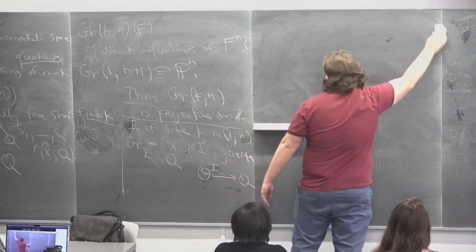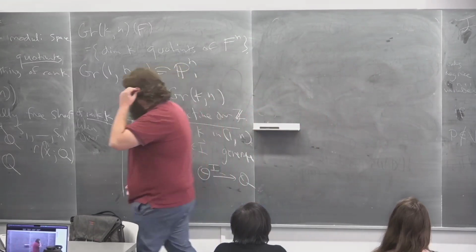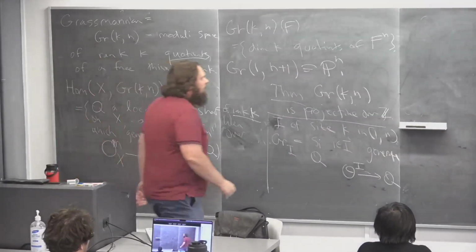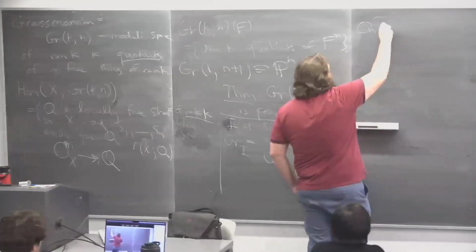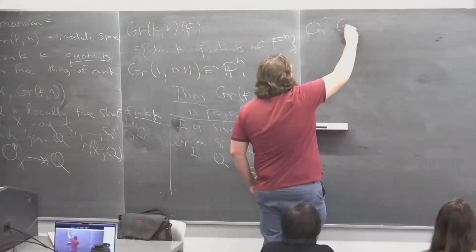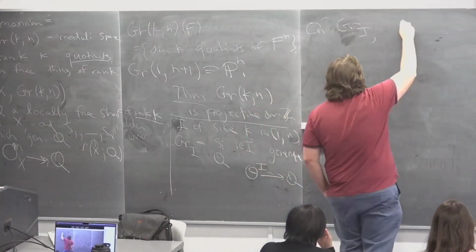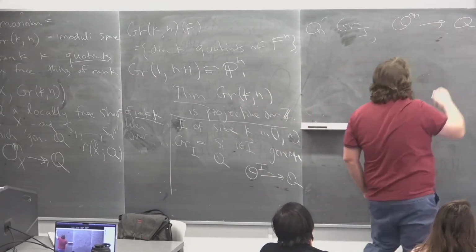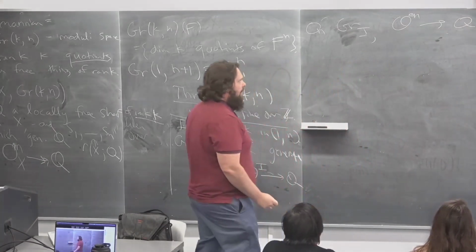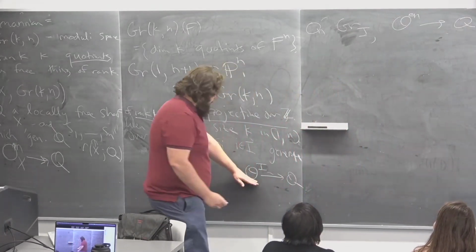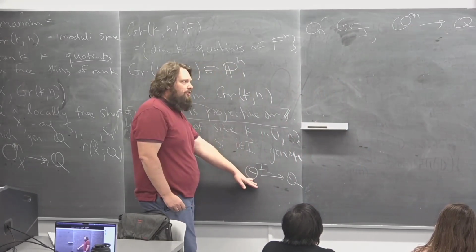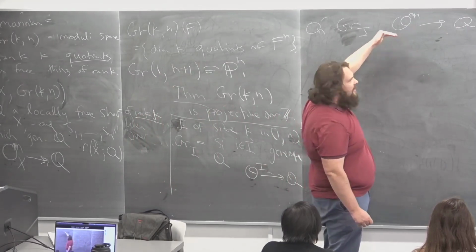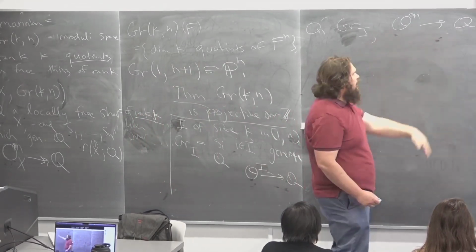Well, if that happens, what other choices do I have? This map is automatically going to be surjective. So on Gr_I, taking O^n and mapping that to Q, I can use the isomorphism from the subspace where I only use the coordinates of I to Q. And so what other information do I need? I need how the other coordinates map there.